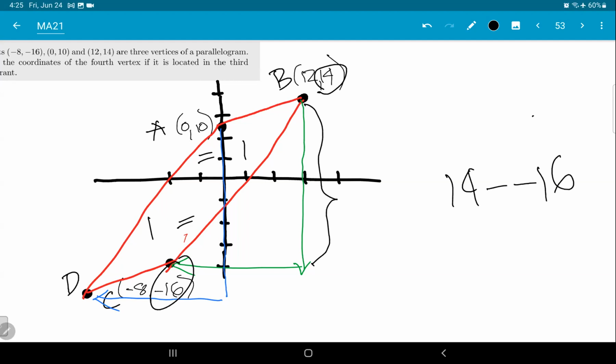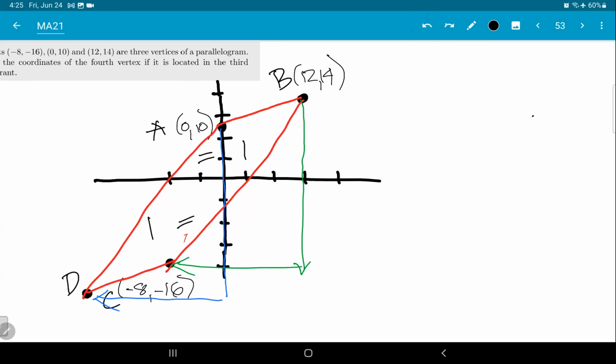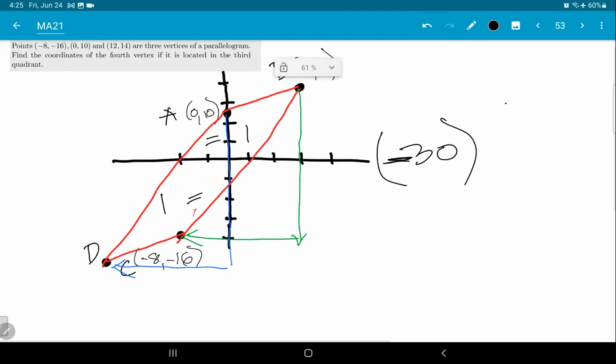Or negative 16 minus 14, absolute value, 30. So 30 units down, negative. Okay, pababa tayo, no, from B to C. And then to the left na siya.